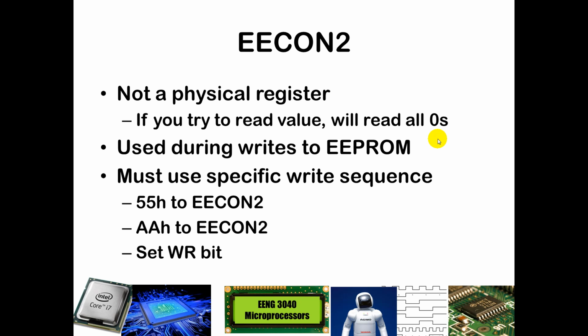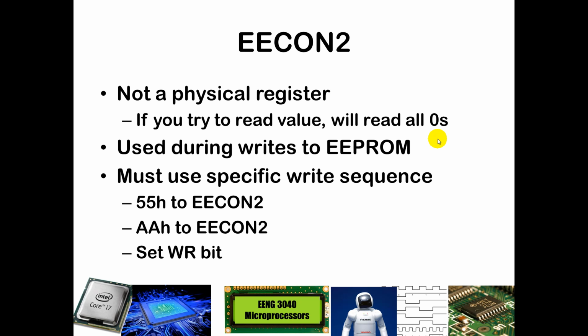EECON2 is effectively what I like to call the Mother May I register. And so if you want to write to the EEPROM, you have to put the specific sequence 55 hexadecimal and then AA hexadecimal, and then set the WR bit. Basically what that does is it ensures that when you're writing to the EEPROM, you really meant to write to the EEPROM, so you're not just accidentally overwriting your data.